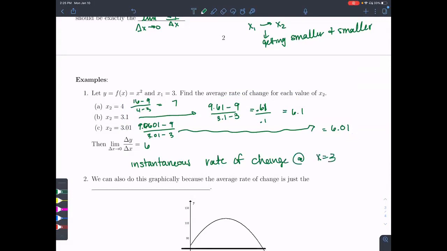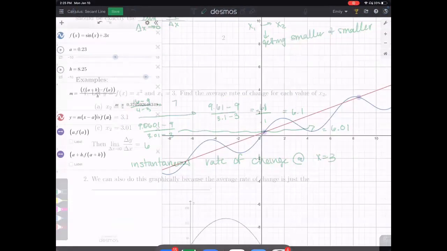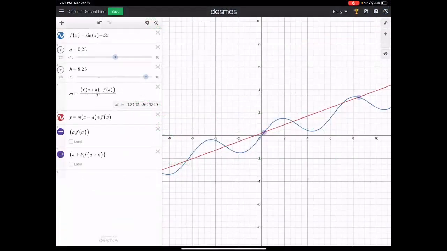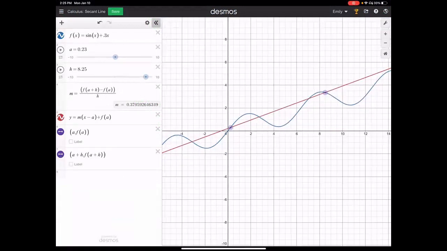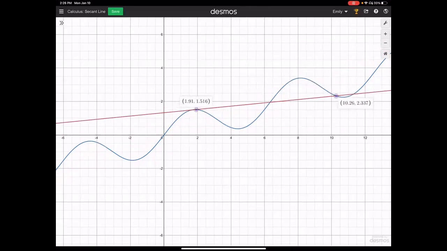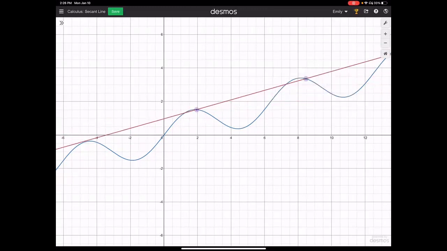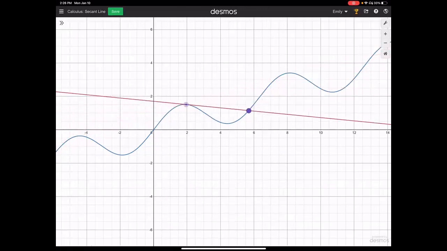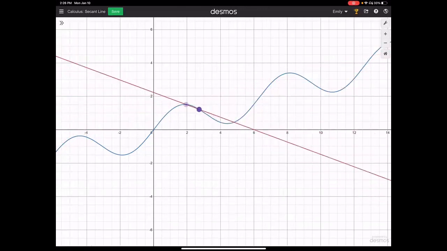So I want to show you a model of this in Desmos. This is some function graphed, but what I want you to notice is that we have these points here and here. Those are two x values. Let's fix this one there, and then we're going to drag this one closer and closer to that x value, so the change in x is getting smaller and smaller.